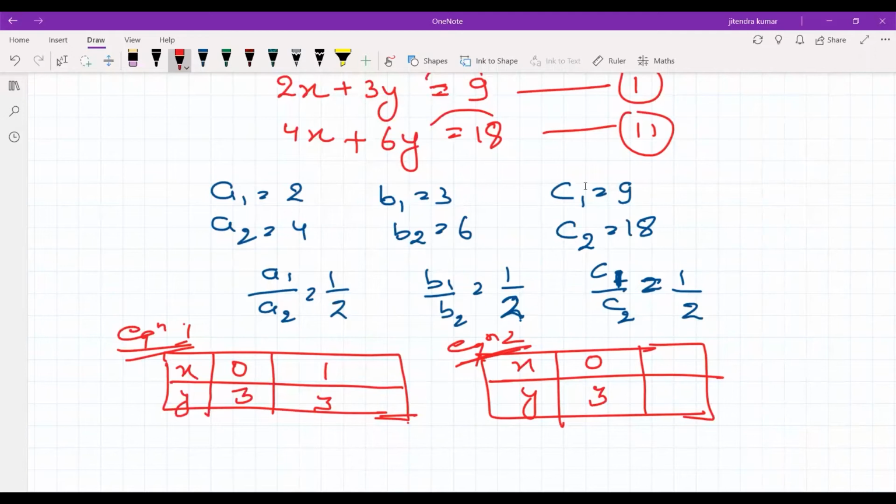Okay, and if you put y equal to 0, we are not getting an integer here. So let's take y equal to 1. So if we put y equal to 1, we will get again 3 here. So you can see you are getting the same point for both equations. It means they are going to represent the same line on graph paper.